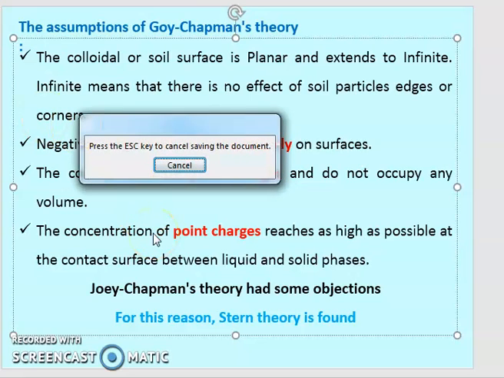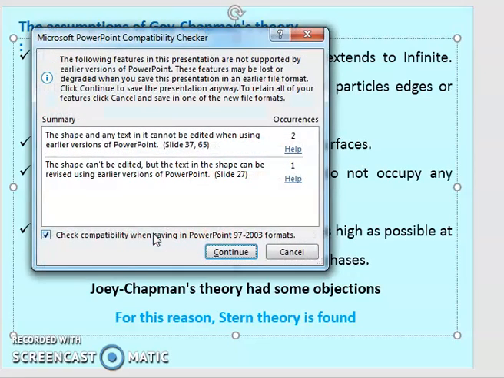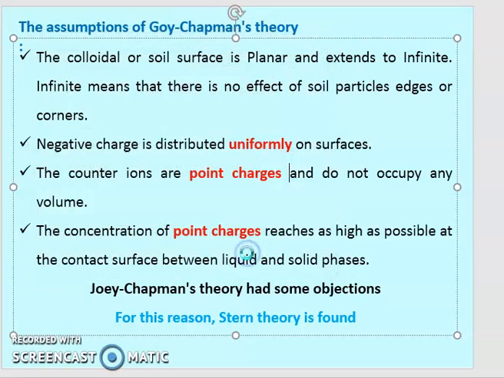The first is the colloid of the soil surface is planar and extended to infinite. Infinite means that there is no effect of the particle's edge or corners, and this is not correct because the edges have an effect.